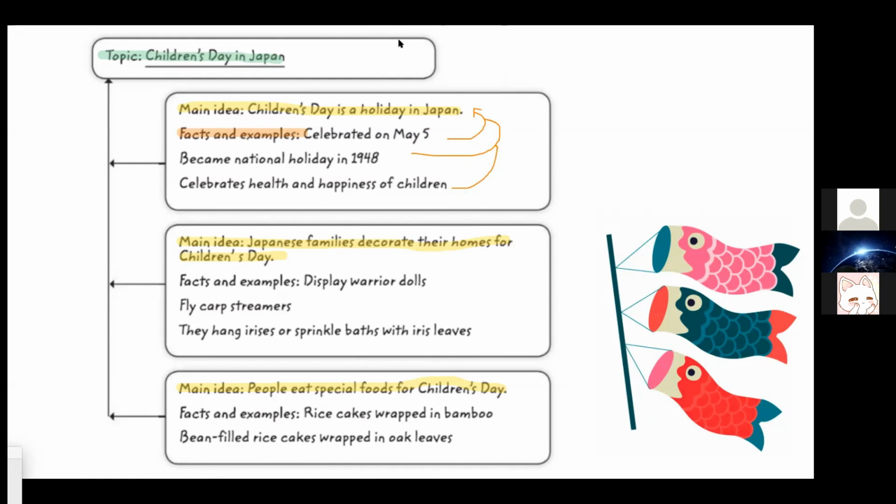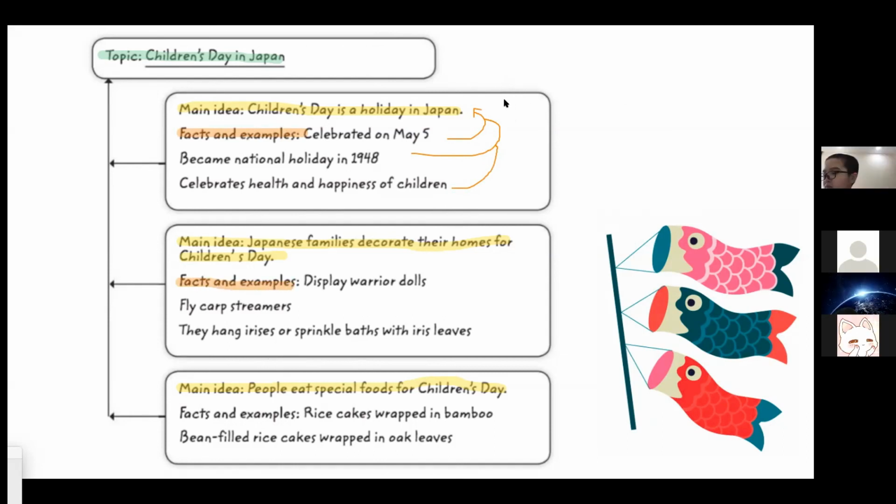What about the facts and details for main idea number 2? Can you read them for us, please? Display warrior dolls. What else? Fly carp streamers. And one more.